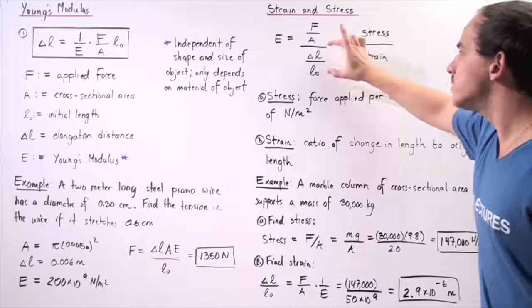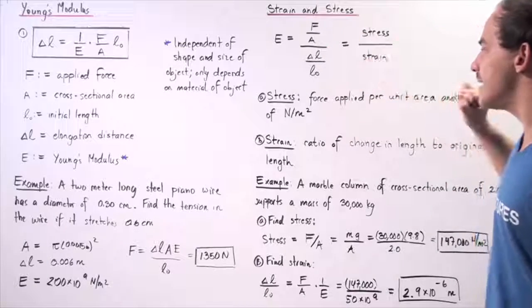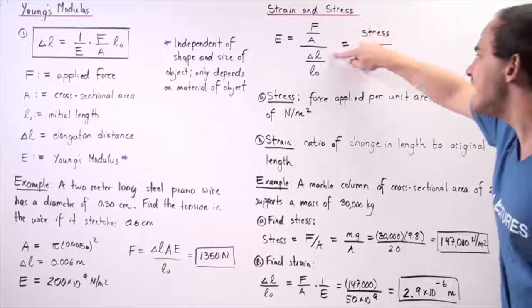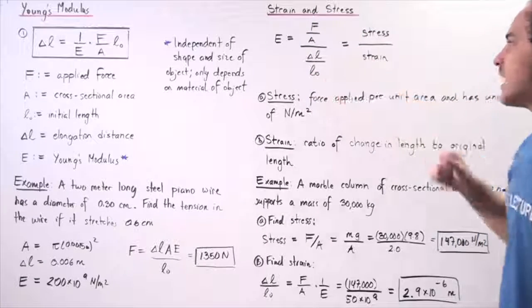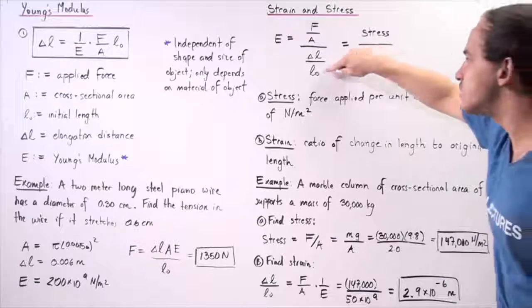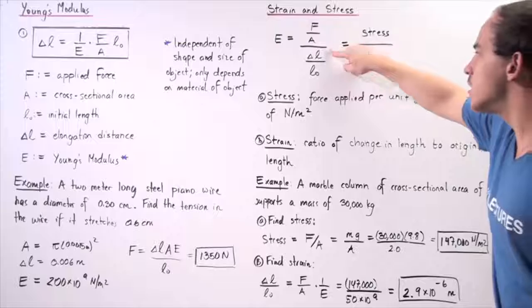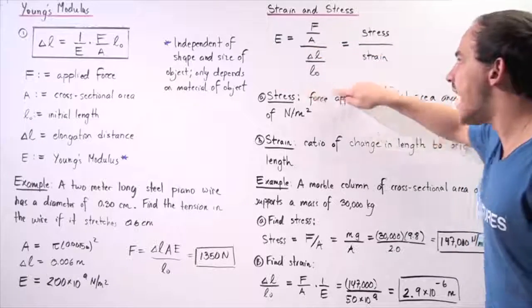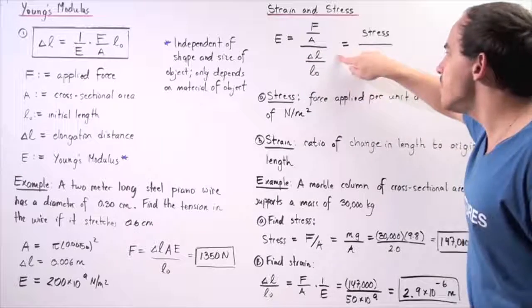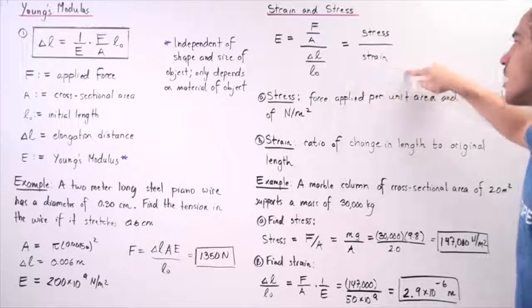Now, what about our denominator? The denominator is simply the ratio of the change in length over the actual length of the object. Because this has unit meters and this also has unit meters, the meters cancel and the denominator is unitless. This denominator is known as strain.